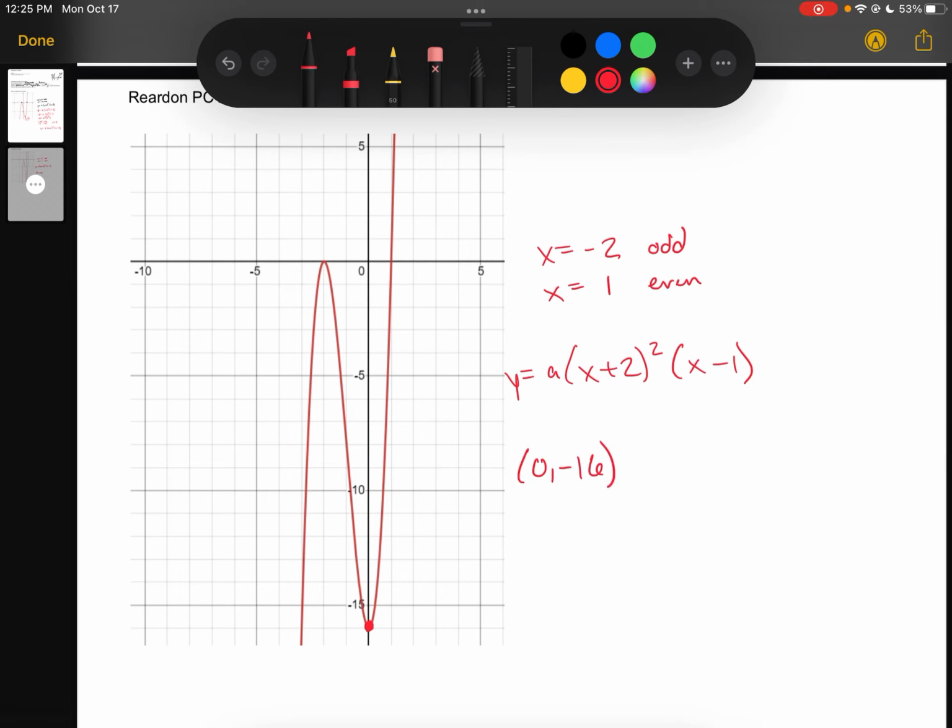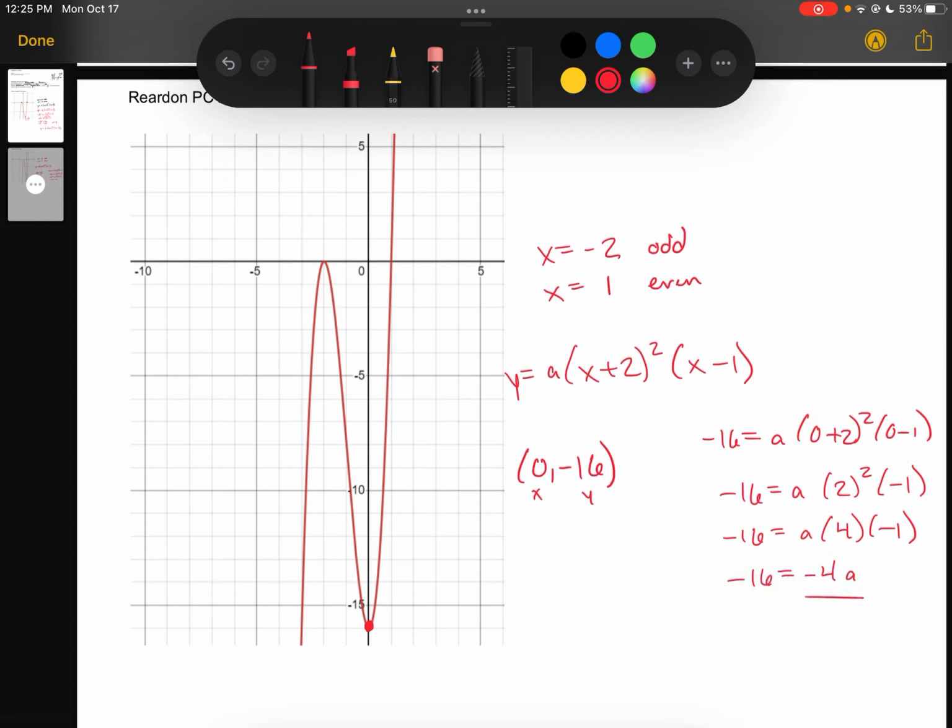So 0 comma -16 is a good one for us. So x and y, and this gets an answer of a equals 4.